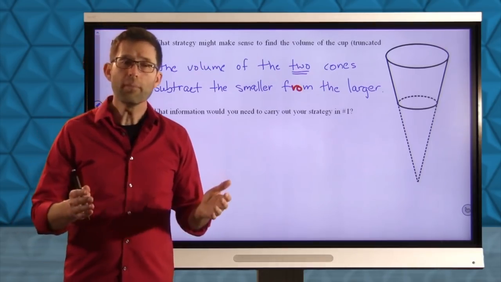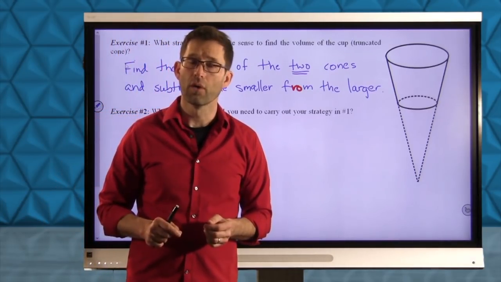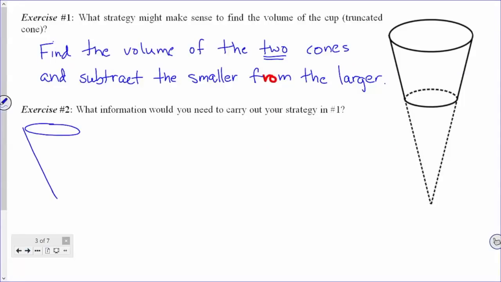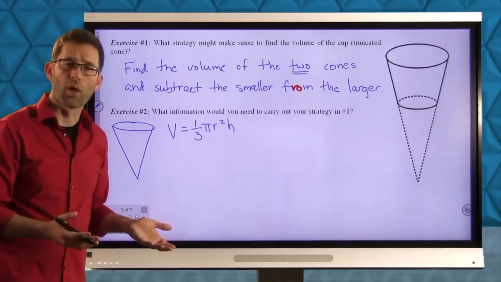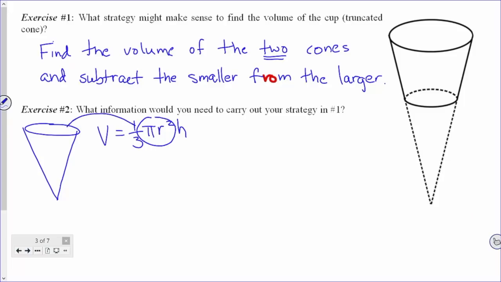To really properly answer this question, we have to be comfortable with the volume formula for a cone. So let's remember what that is. If we have any circular cone, its volume is 1/3 pi r squared h. Just to make sure we remember all of this, the pi r squared is simply the area of that circle, and the height is that distance.